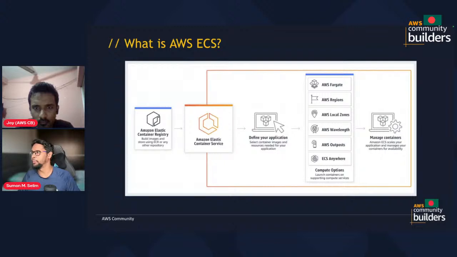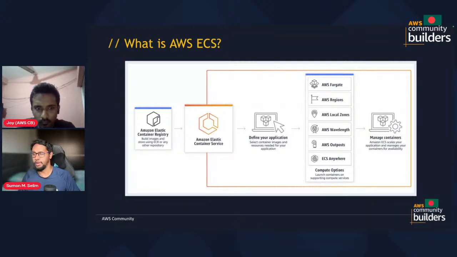If we want to run in serverless mode, we can use AWS Fargate. If we want to run it in EC2, we can launch in different AWS regions. It also supports AWS Local Zones, and it can be run in AWS Wavelength. Outposts gives you all the AWS infrastructure in your own data center, so that's also possible. And there's also ECS Anywhere.